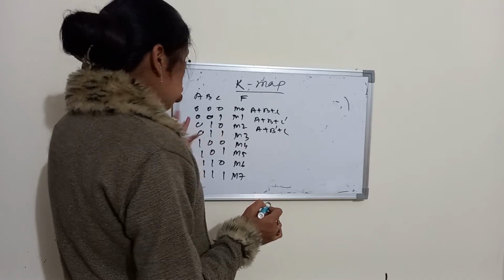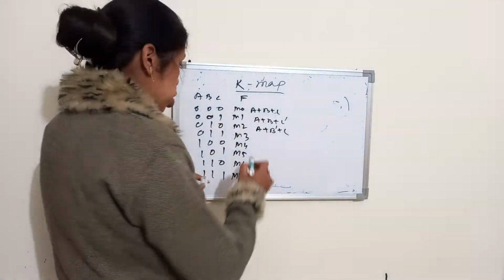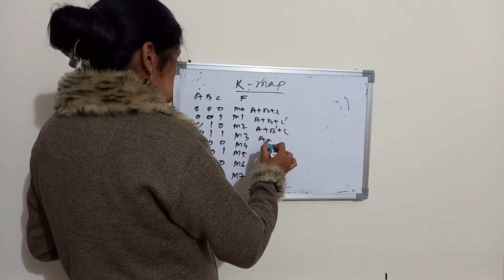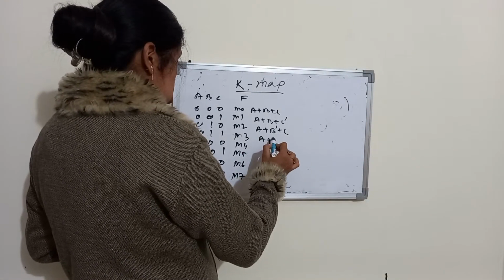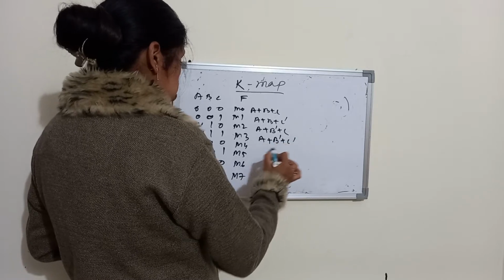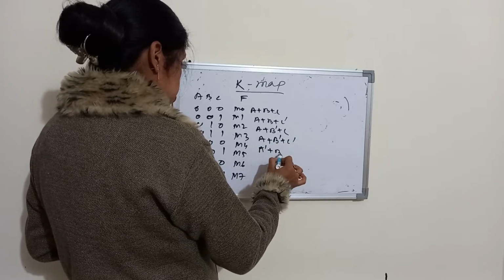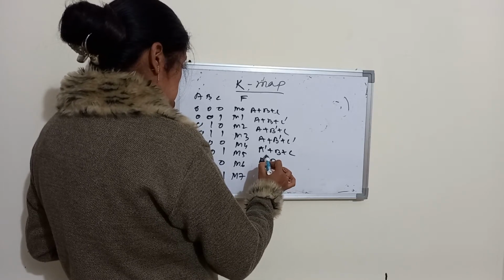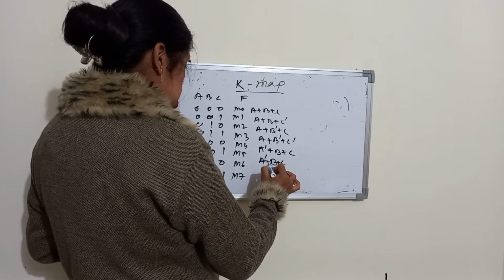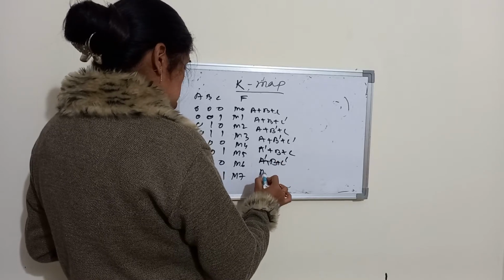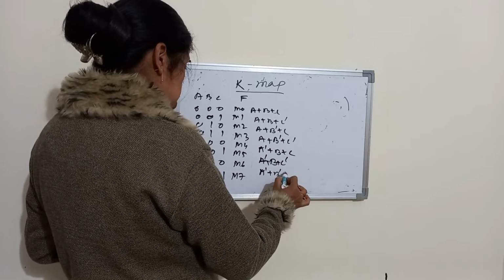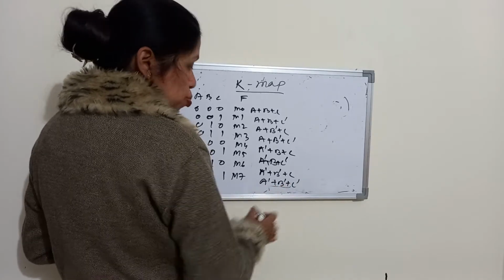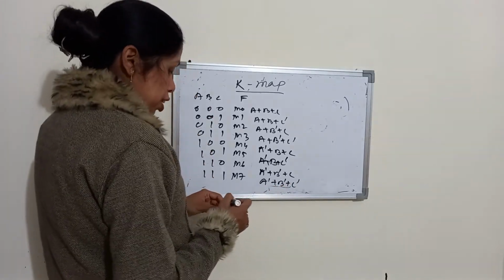Including all the terms means plus. Then A' plus B plus C, A' plus B plus C', A' plus B' plus C, A' plus B' plus C'. These are all max terms.